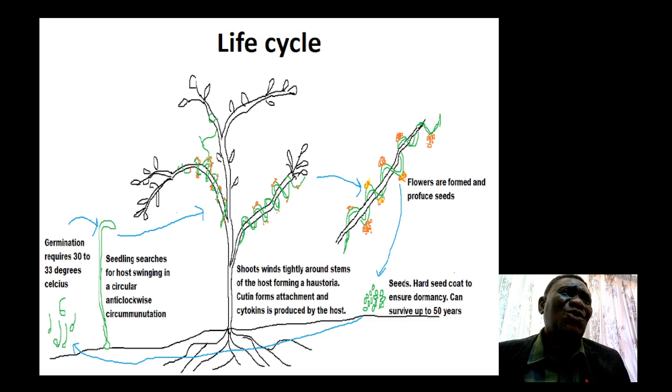Whilst doing so, it forms attachments. You will have haustoria at certain points, which enable this parasite to get carbohydrates from the host. It uses cutin to form attachment, and also cytokinins. After a while, it produces flowers, and these flowers will give us seeds.